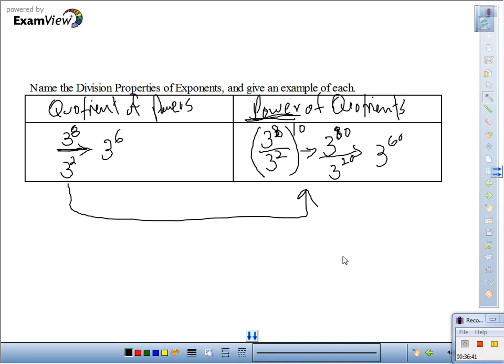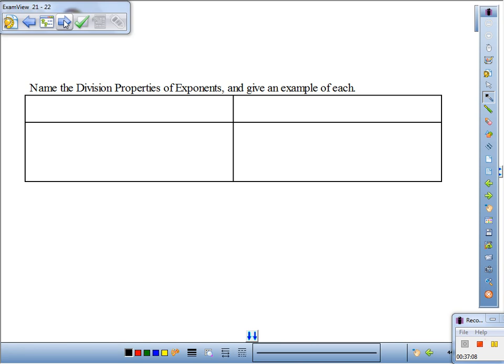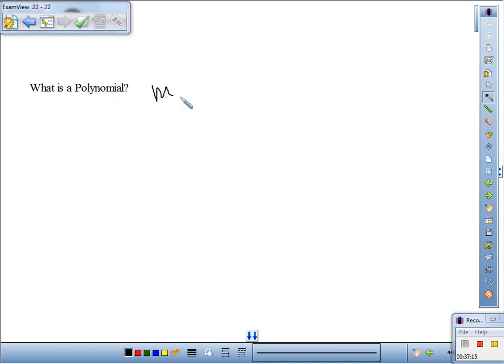And number 22. Julian, go. A polynomial is a monomial or difference of a monomial.